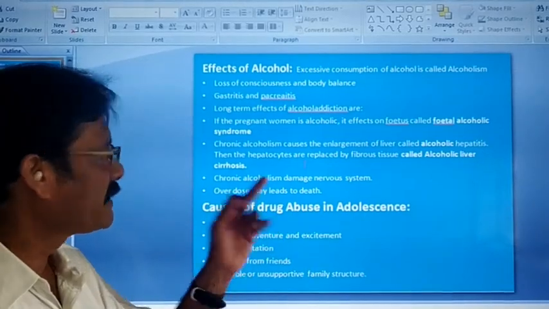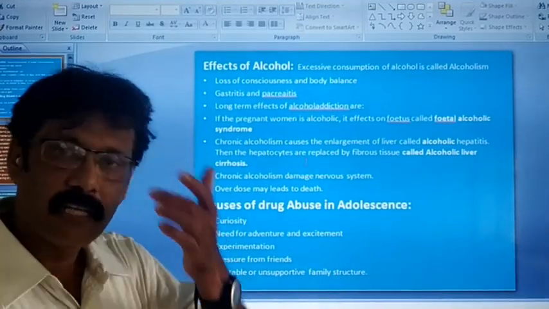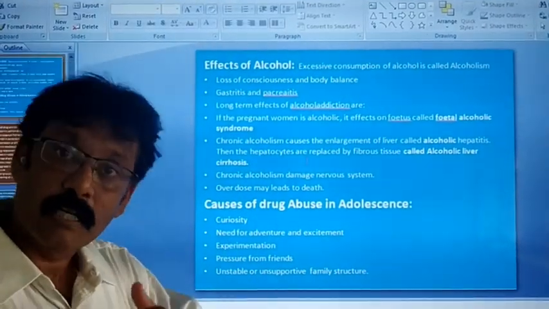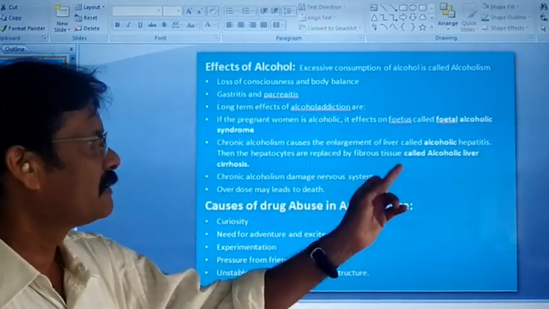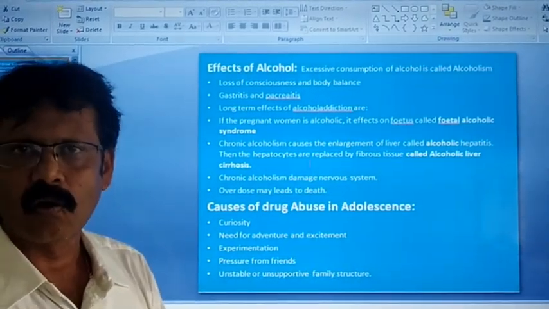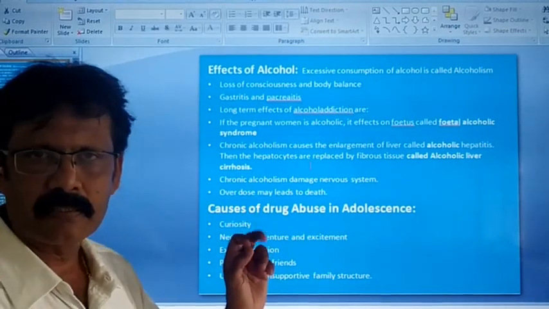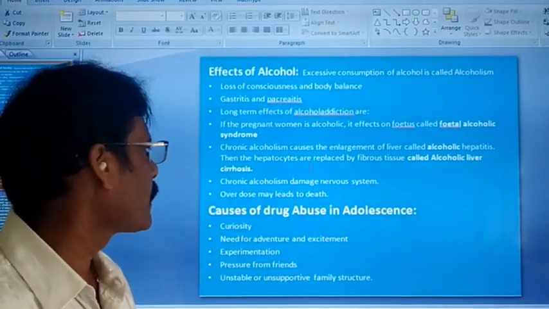Later, the hepatocytes or liver cells are replaced by fibrous tissue. That is called alcoholic liver cirrhosis.